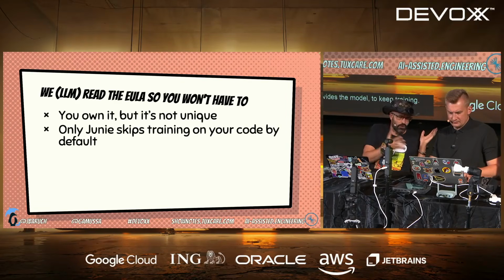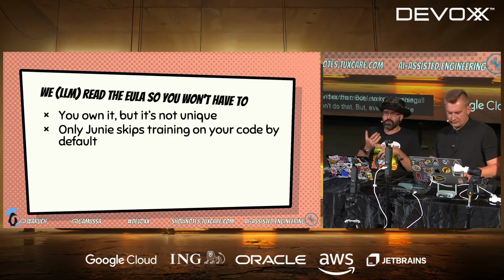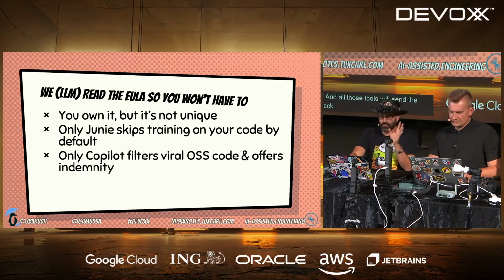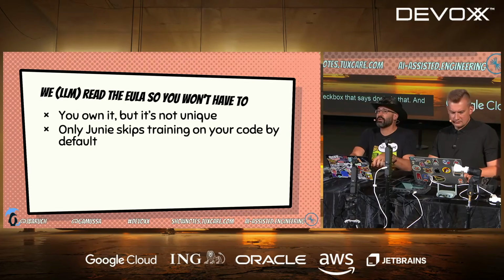The local models obviously don't do that. But all the other tools, Visual Studio Code, Kiro, and the rest, will send the code back for training. Juni has a checkbox that says don't do that, and that's because they don't have their own model, so they don't need to train anyone on it.